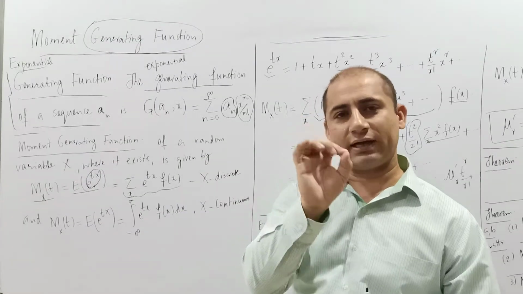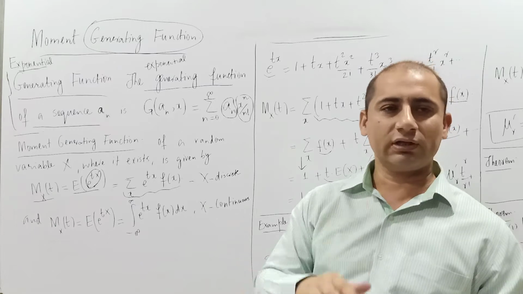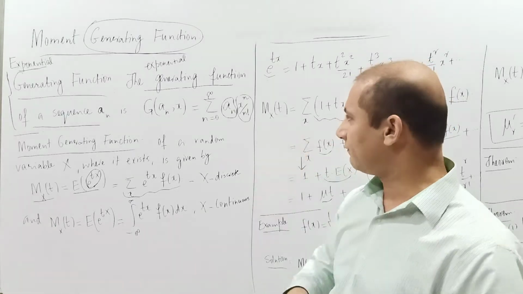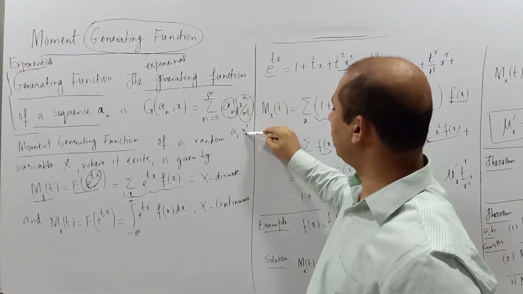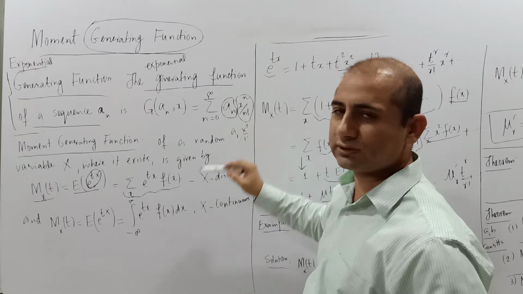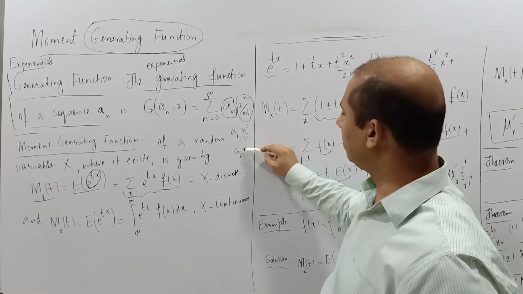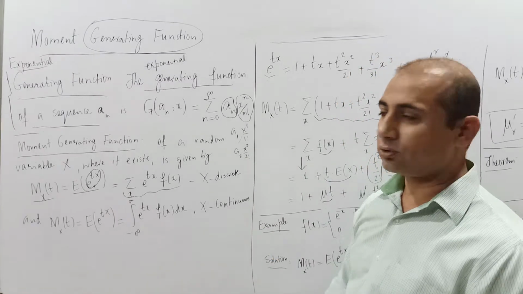So for example, for n equals 0, I'll have x to the power 0 over 0 factorial, obviously again the same constant, but for n equals 1, I'll have a1 and then x over 1 factorial, and again the term stays the same, but it will start changing from the second term onwards. So it will be a2 x square over 2 factorial. So this is the difference.